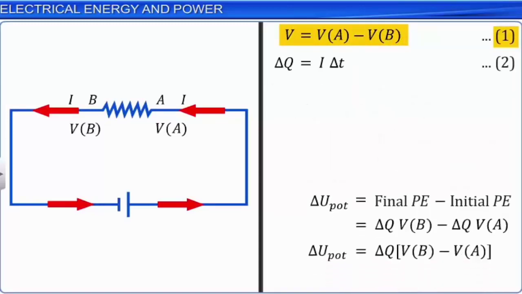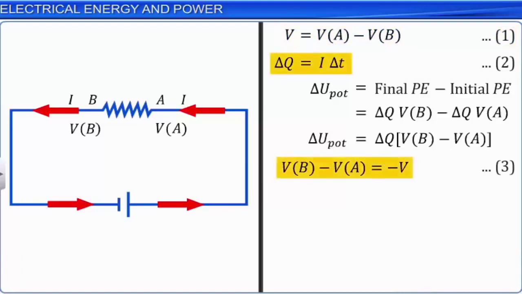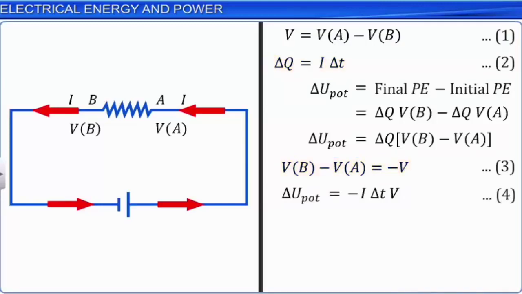Therefore, VB minus VA is equal to minus V. Let this be equation 3. From equations 2 and 3, delta U potential is equal to minus I delta T V. Let this be equation 4. Since the value of delta U potential is negative, it is less than 0.